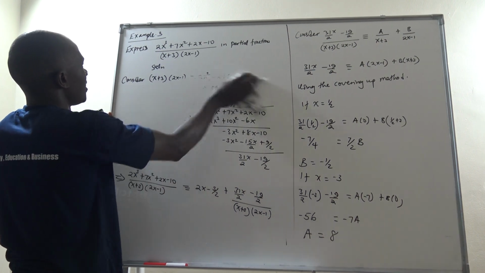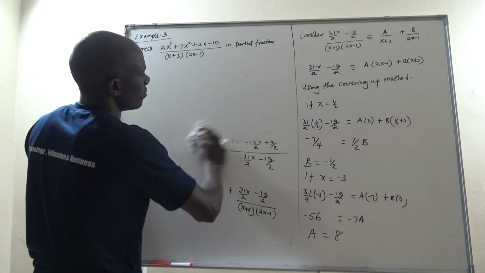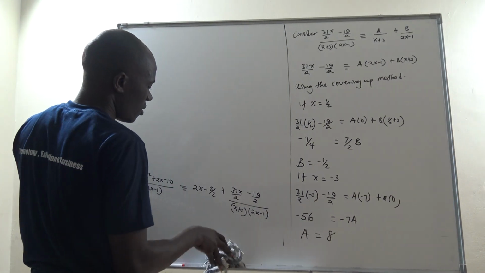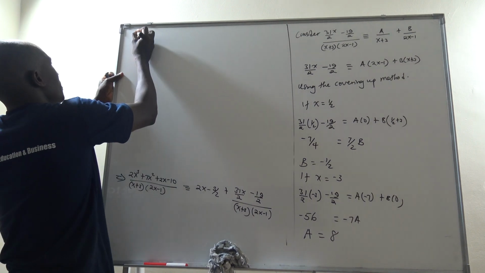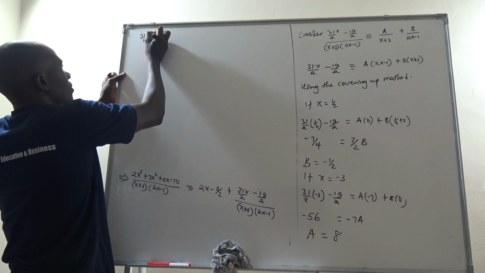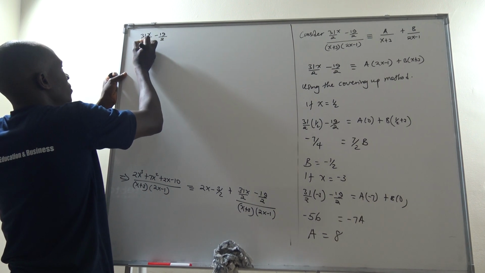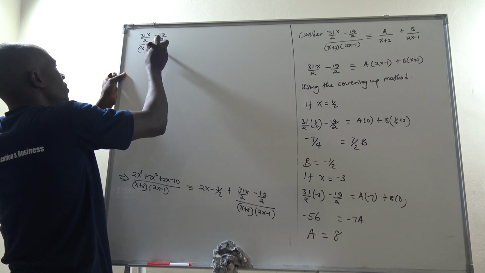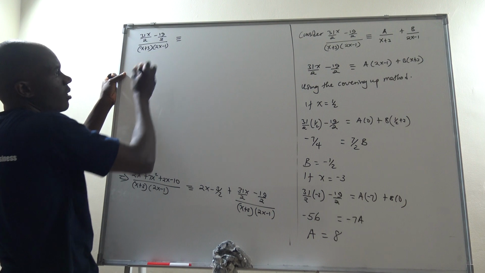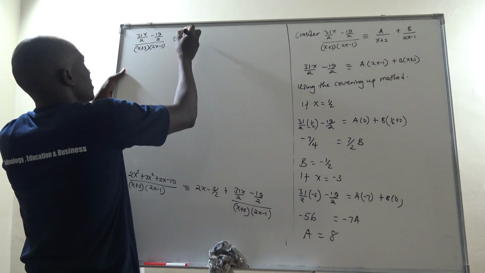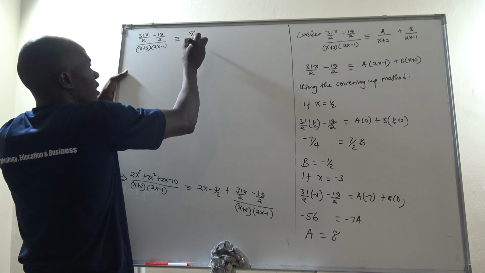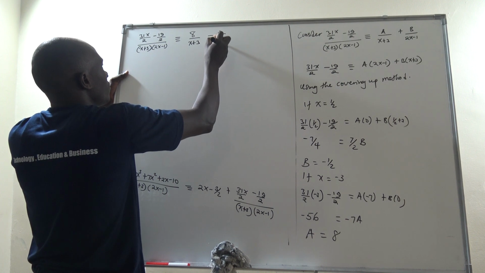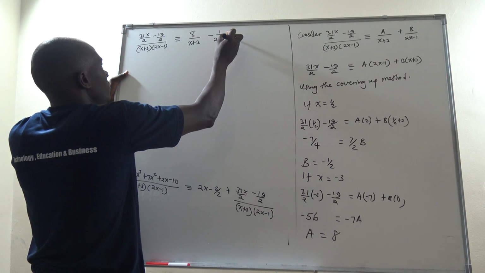So this implies that (31x out of 2 minus 19 out of 2) all over (x plus 3)(2x minus 1) is the same as, our a is already 8, 8 out of x plus 3. b is already minus a half, which becomes minus 1 over 2 into (2x minus 1).